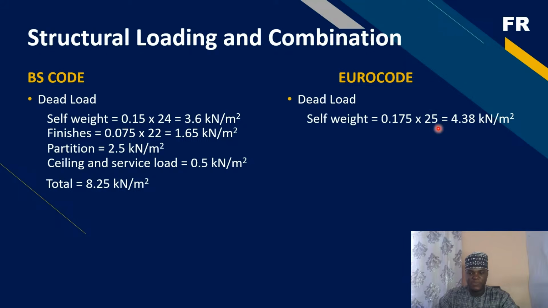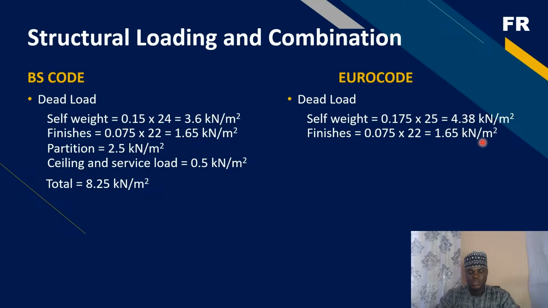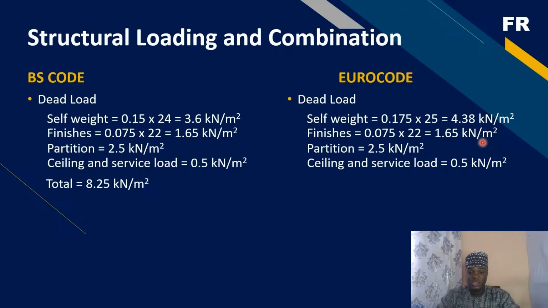That will give us an increase in self-weight of the slab from 3.6 to 4.38. Then finishes is going to be the same. Same goes for partition, service, and ceiling loads. Then the total load, due to the increment in the self-weight, is also going to be increased to 9.03.